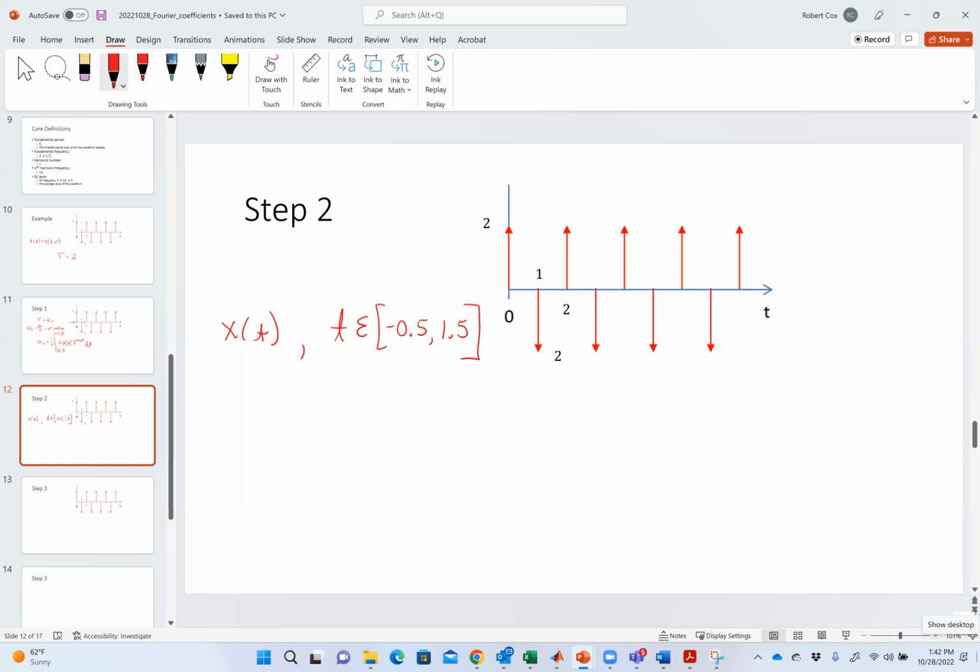How would I define x of t between negative 0.5 and 1.5? Well, I have two impulses over that range. It starts here, ends here, and two impulses are contained. Where are the impulses located? 0 and 1. So how do I define the impulse at t equal to 0?